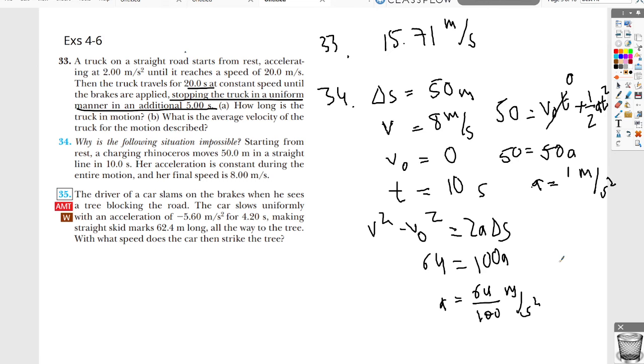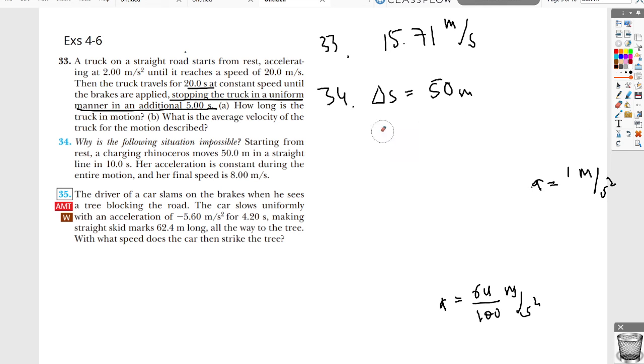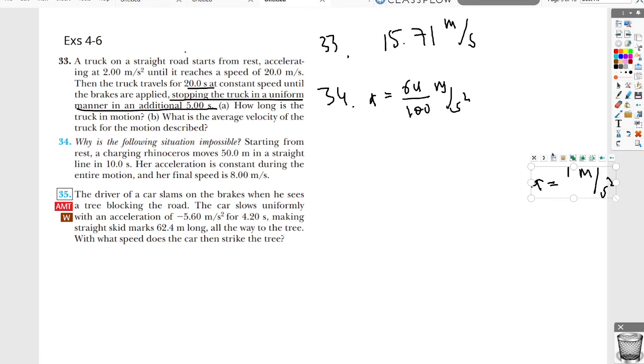Acceleration can't be two different answers if the acceleration is constant. It has to be the same acceleration for the whole thing. So, for that reason, we have shown that it's not possible. So let me erase everything except for the fact that the two accelerations are different. So we have proven now that it's not possible for the rhinoceros to move at a constant acceleration because our accelerations are different.